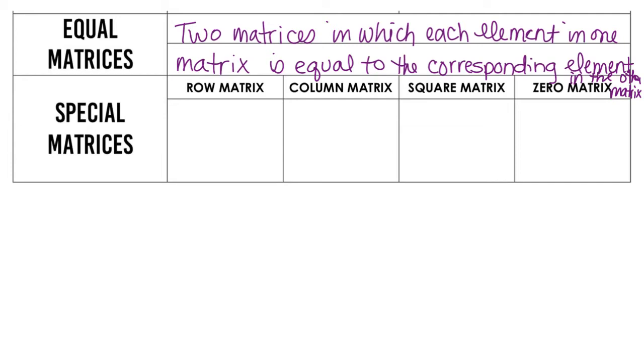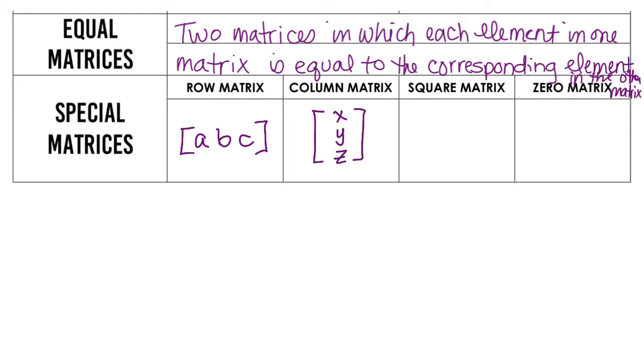Now we have special matrices. A row matrix is just going to be a matrix with just one particular row. Notice that does have three elements in it, but it is one row with three columns. A column matrix will be a matrix with just one column.